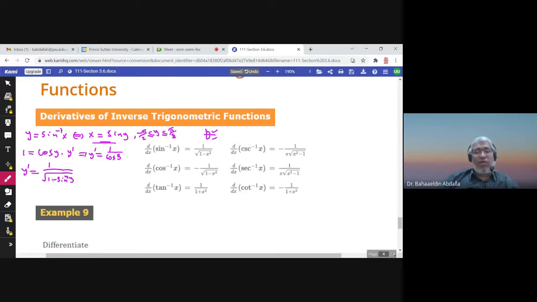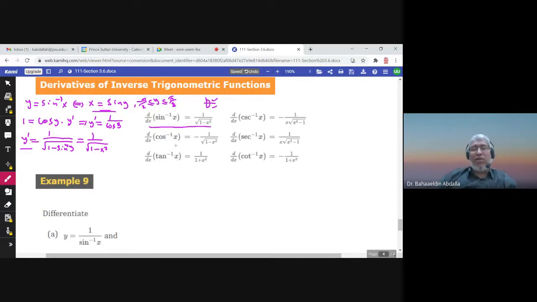So here cosine is positive, so it's the square root of 1 minus sine square y. And sine y is x, so this would be 1 minus x square. So if y equals sine inverse x, y prime equals 1 over the square root of 1 minus x square. So the derivative of sine inverse x is 1 over the square root of 1 minus x square.